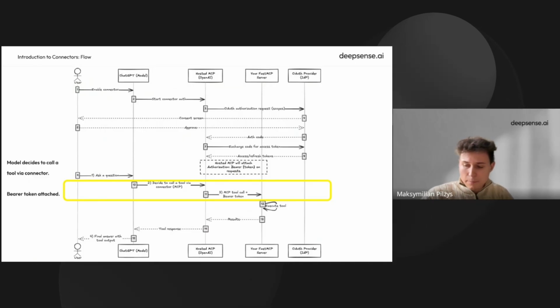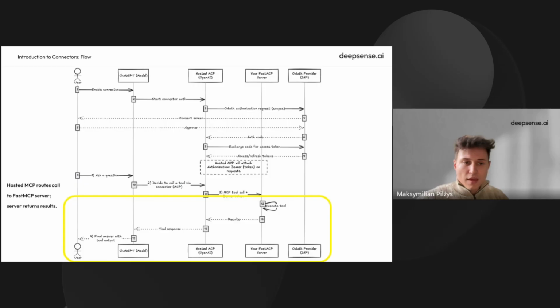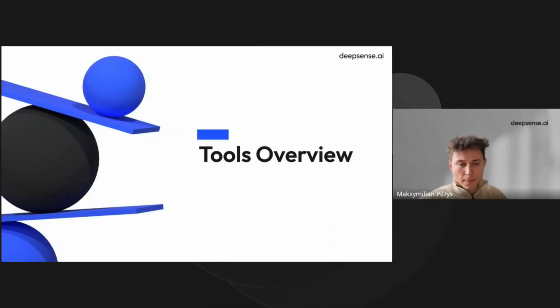There is a tool call that is sent to the connector with a bearer token provided, so our MCP server actually knows that we are the user with the right permissions. After all of that, our MCP server returns data to the connector, and via the connector, ChatGPT returns the result to the end user.